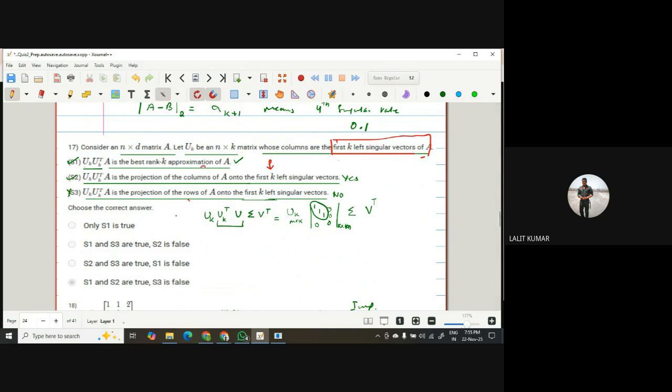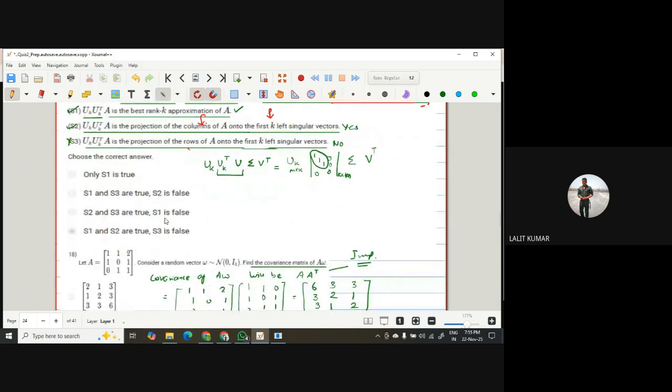It is the projection of the columns of A. This is directly from SVD, just go through the standard steps and know the meaning of that.